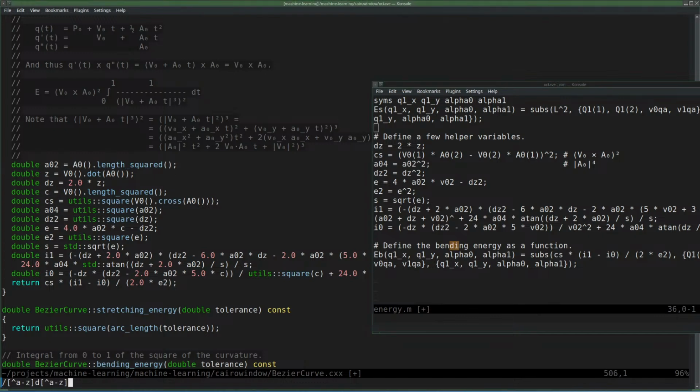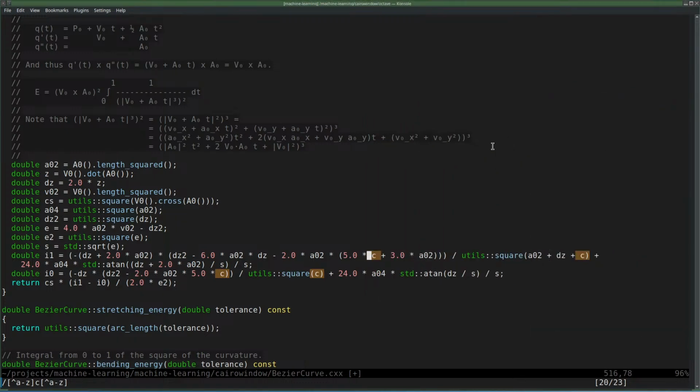So we're going to look for the variable C, replace it with V02. Again.